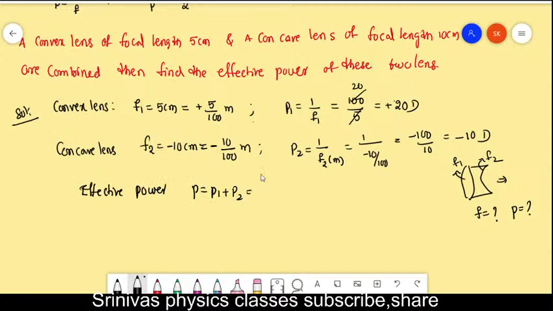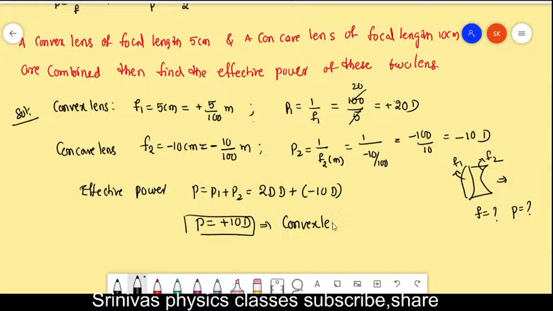P1 is 20 diopters, and P2 is minus 10 diopters. That means P is plus 10 diopters. Effective power is positive, which means this combination, a convex and a concave, will act as a convex lens.